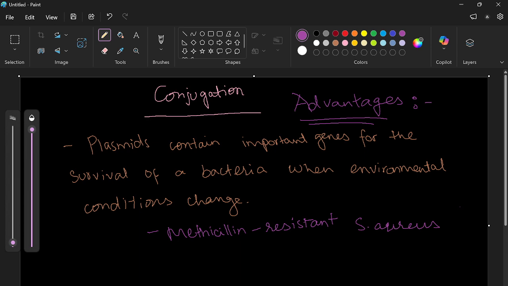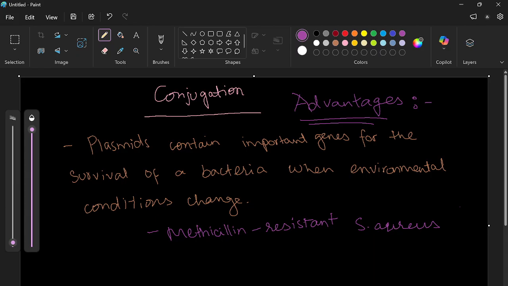And that is why it is important for these plasmids to be transferred from one bacterial cell to the other bacterial cell, so that those bacterial cells can also be resistant to the same type of antibiotic they are often exposed to.